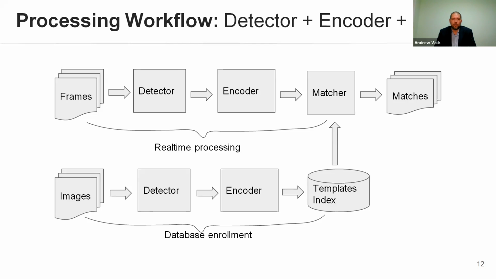And at the upper part of the image, you can see the real-time processing thread. You just take frame by frame from the video stream, pass it to the detector tracker, and receive a raw sample, pass it to the encoder, and next to the matcher, and receive matches. So this is the base processing workflow.